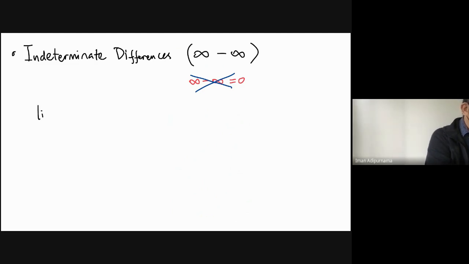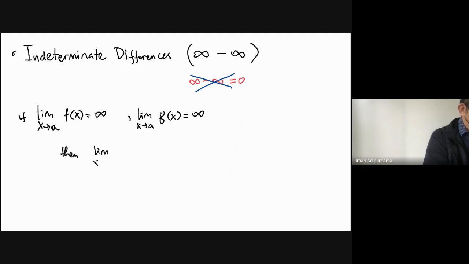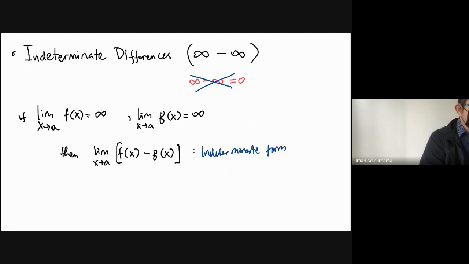Okay, so if the limit of one expression is infinite and another limit is infinite, this is called the indeterminate form of type infinite minus infinite.